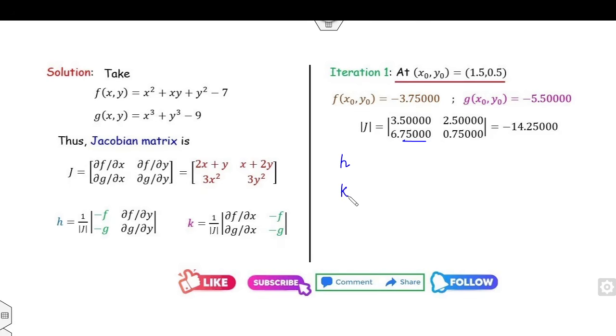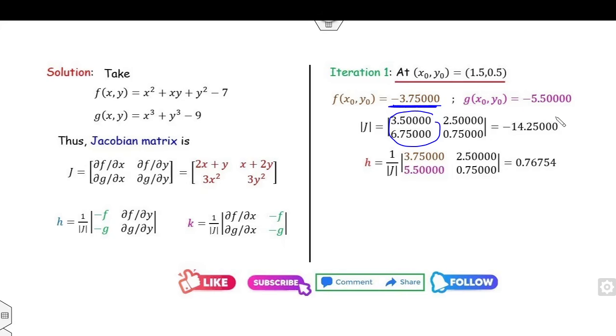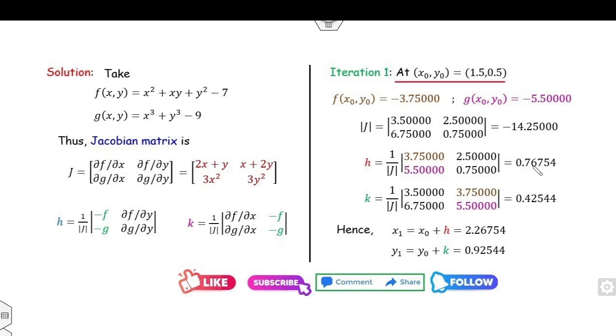You can calculate h and k based on this. I have to replace the first column with the values of minus f, minus g, and find the determinant. Similarly, find the value of k. Hence, x1 and y1 are obtained.